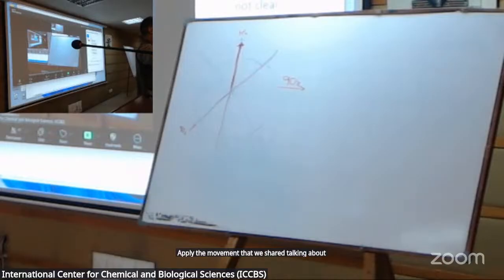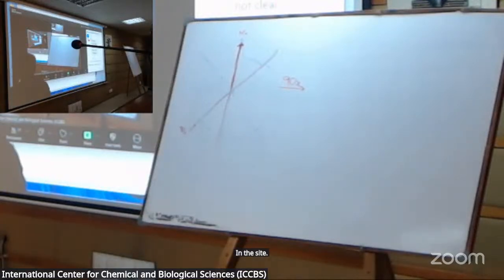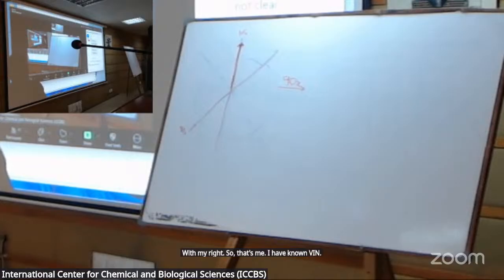This side, with my right hand, it rotates clockwise. Clockwise or not? Okay. Let's agree about this point first. We have radio frequency about the right hand with the rotation clockwise.